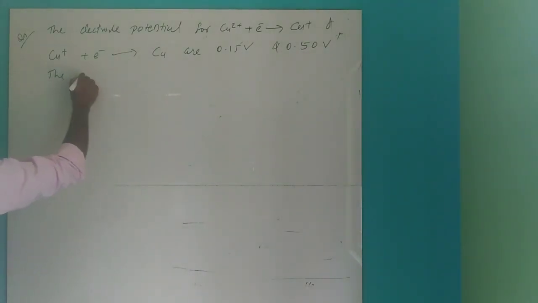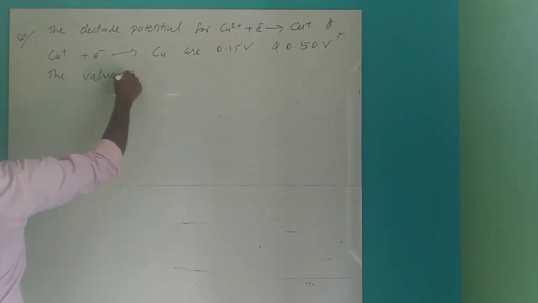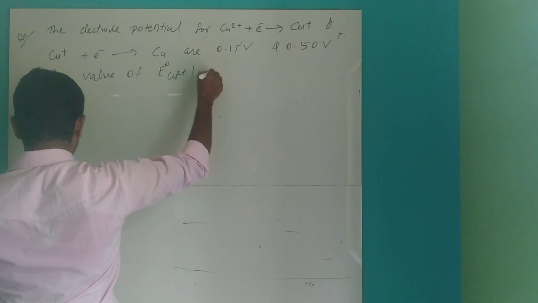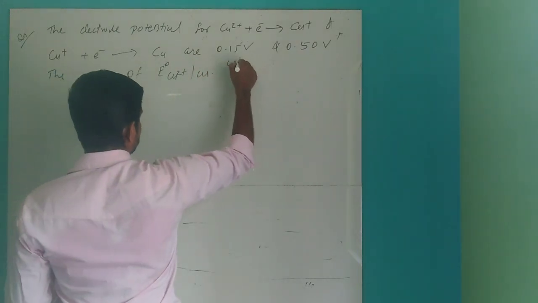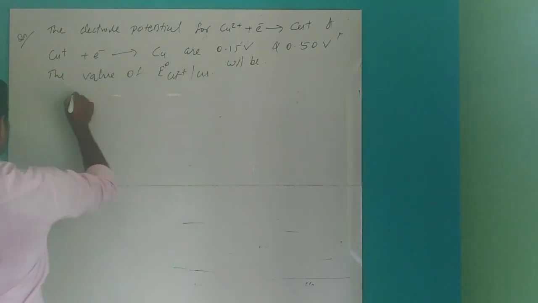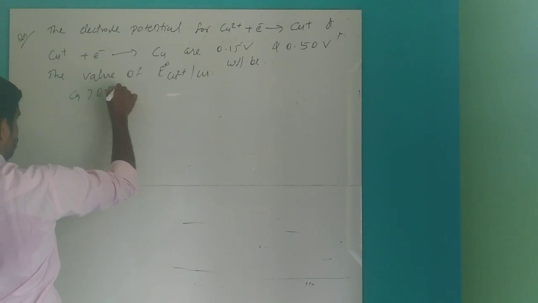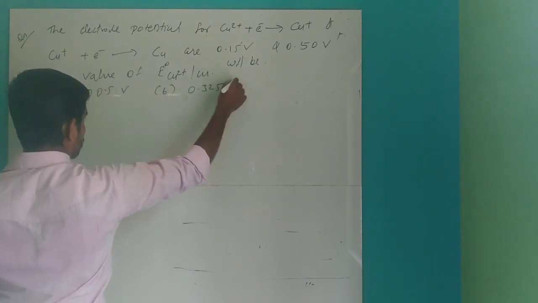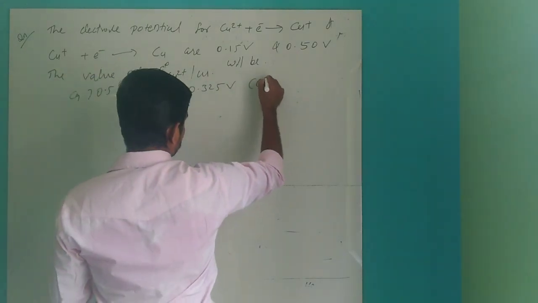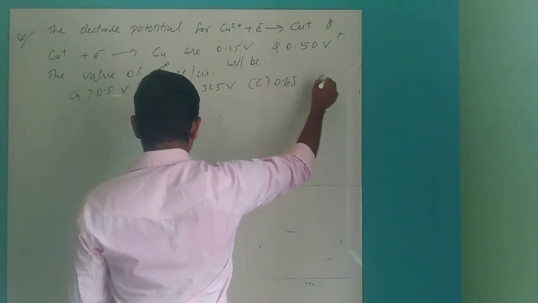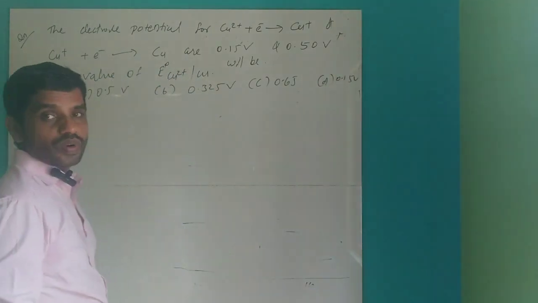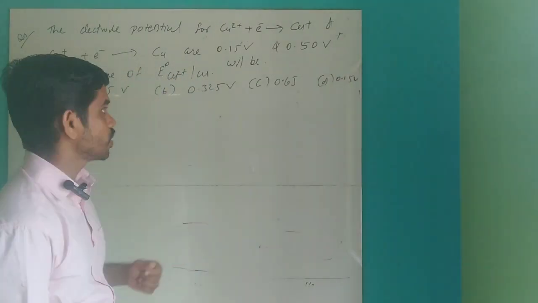The value of E0 of Cu2+ bar Cu will be: option A 0.5 volt, option B 0.325 volt, option C 0.65 volt, and option D 0.15 volt. If you know, pause the video and you can do it.